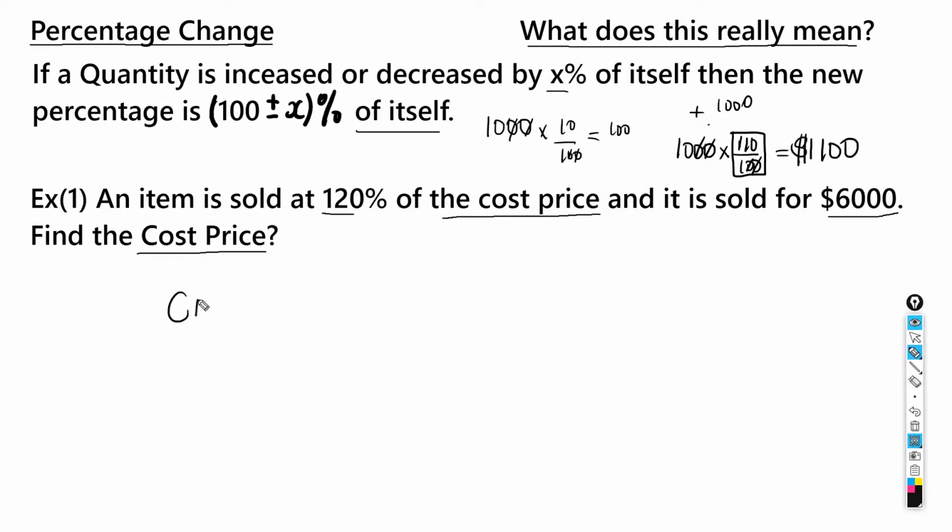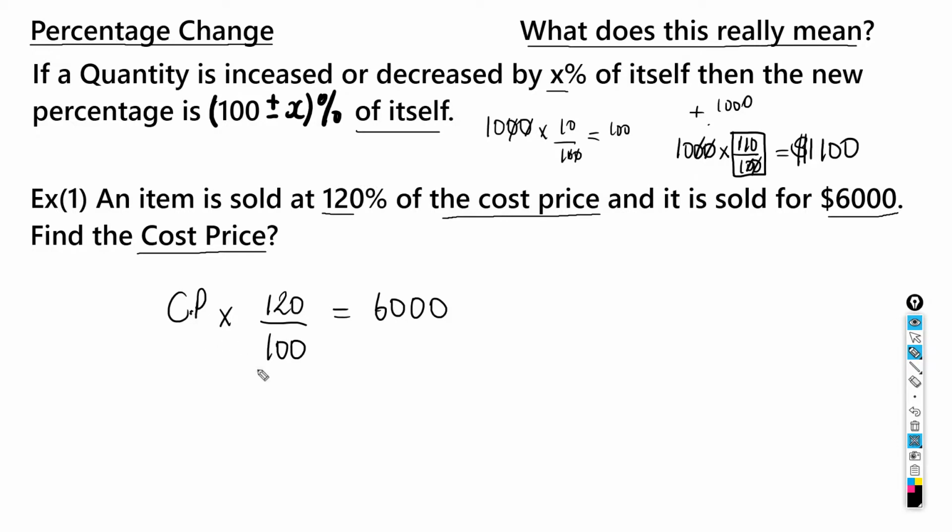The cost price, it's sold at 120% of the cost price. So the cost price multiplied by 120%, which is 120 over 100, is equal to 6,000. That's how much it was sold for. So we need to find the cost price.